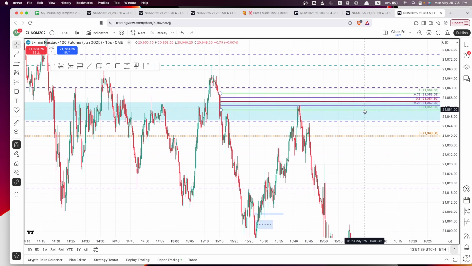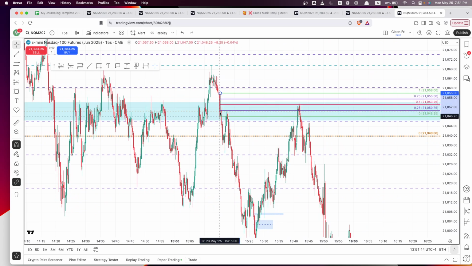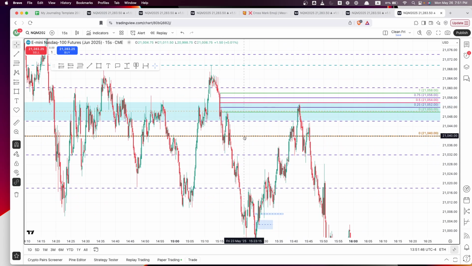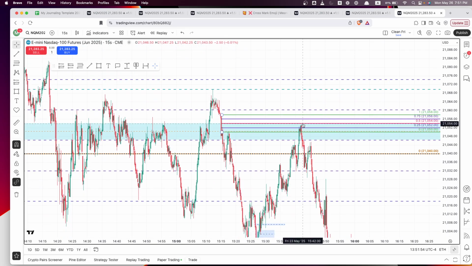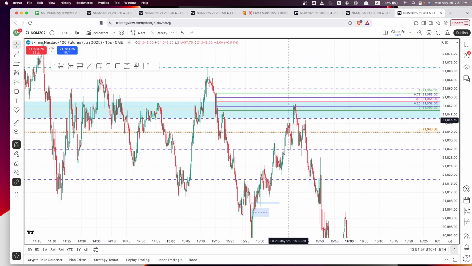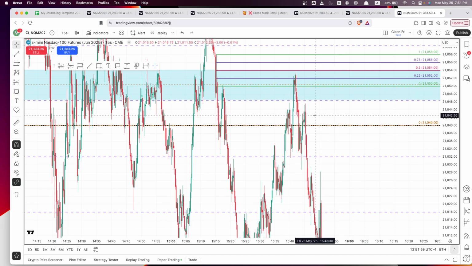And at the 25% level, yeah. So here, just somewhere in between these two. So it's not touching it, so it's showing weakness, and then it's making the 22 model here.